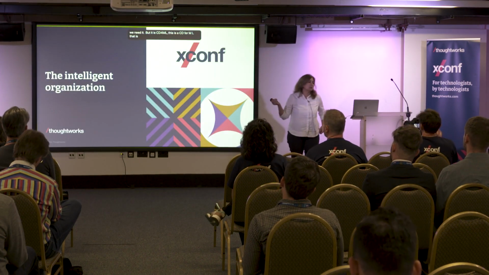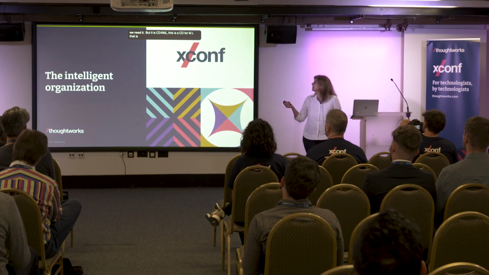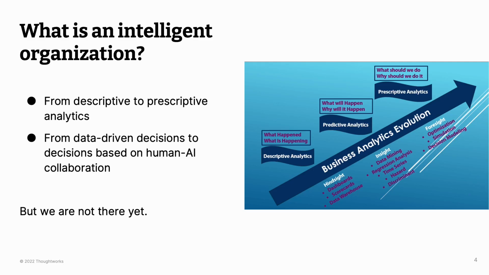So first, what is an intelligent organization? Maybe you are familiar with this image. If you are in the analytics field, maybe you have seen this picture many times, and it talks about the types of analytics. We can talk about three types or three steps in the analytics evolution.